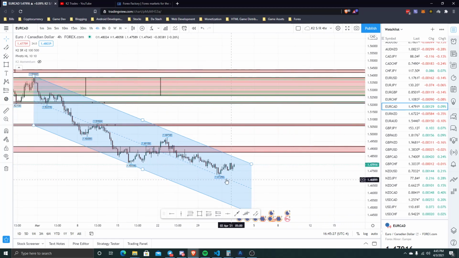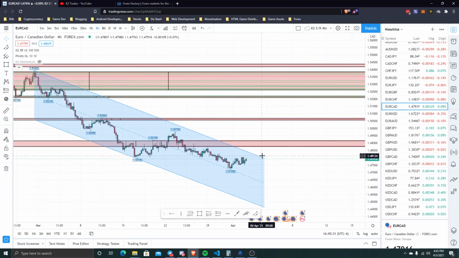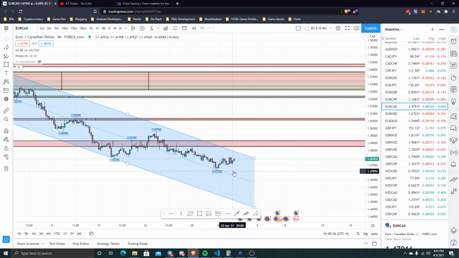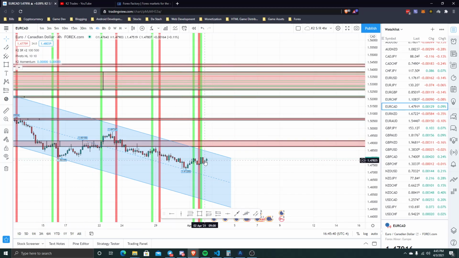As you can see, it's sideways right here. In fact, yeah, it's been consolidating. So if we turn on the momentum, now we get a bullish bias, and price is probably going to continue to move up until it touches this zone right here.